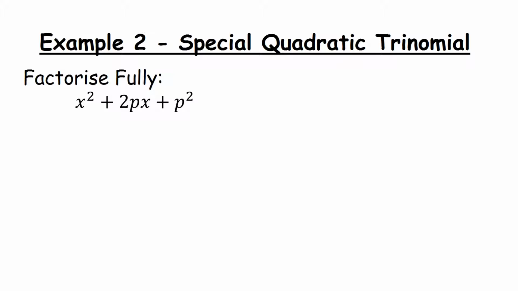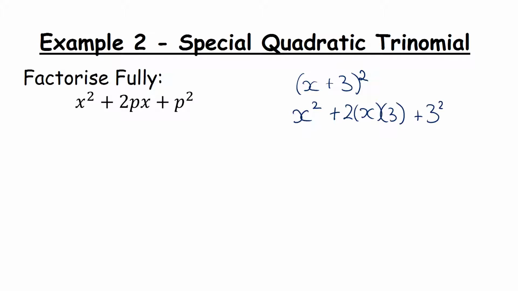A short way of squaring a bracket, so let's do one here just as an aside, x plus 3. So if I wanted to square a bracket using Pascal's triangle, I would square my first term, plus 2 by my first term by my second term, plus my last term squared.